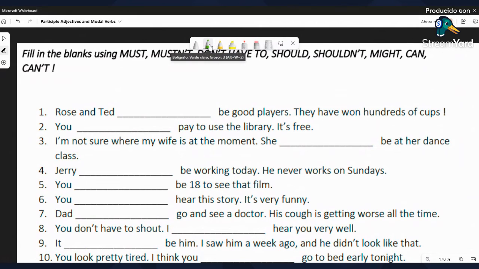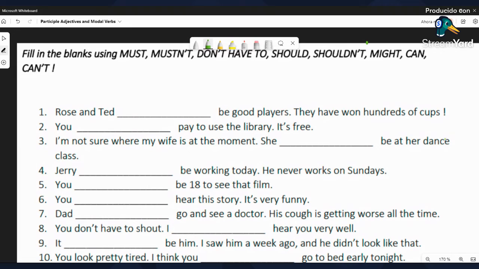Number one. It says, Rose and Ted be good players. They have won hundreds of cups.